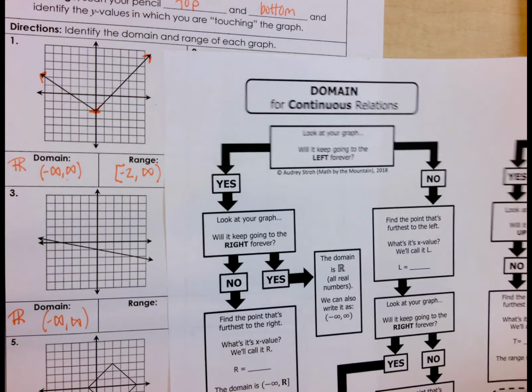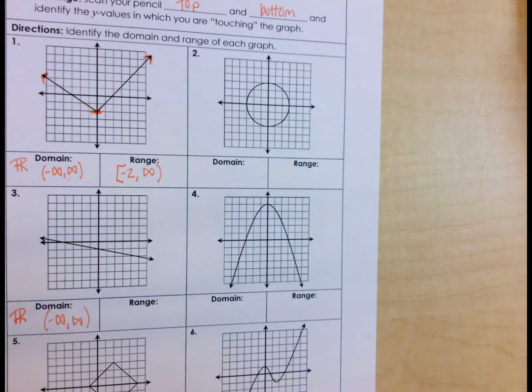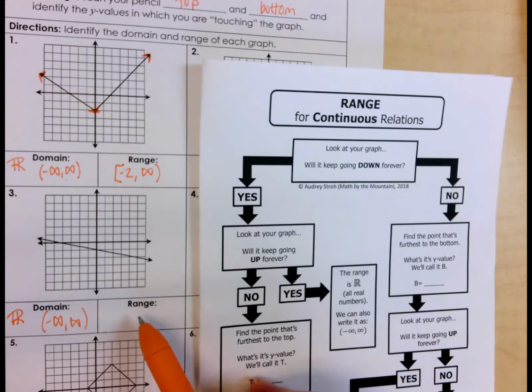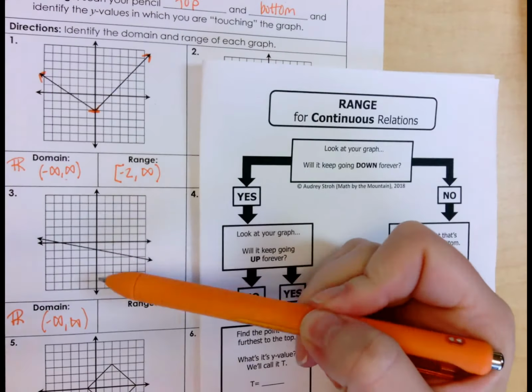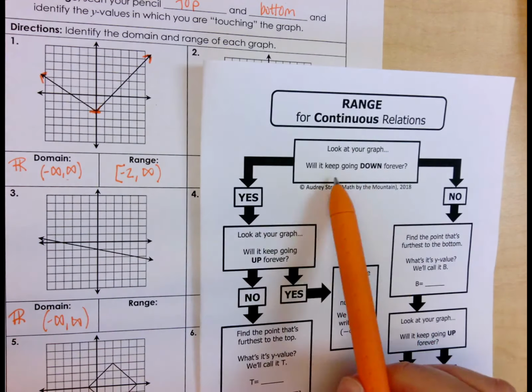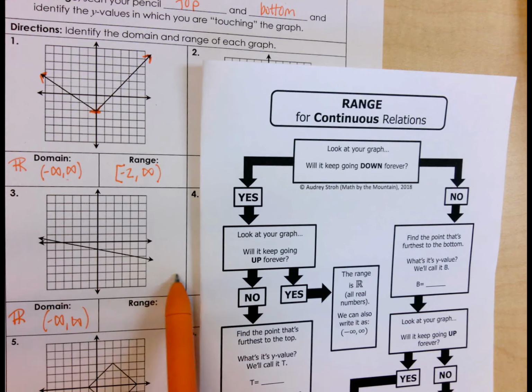So then we start talking about the range. I'm just going to fold my flow chart over here so I can look at it. Okay, so range, this is the direction here that we have. We're going to look at your graph. Will it keep going down forever? Okay, well, it's currently going down. Even though it's at a slow pace, it is still going down, and it's going to keep going down forever.